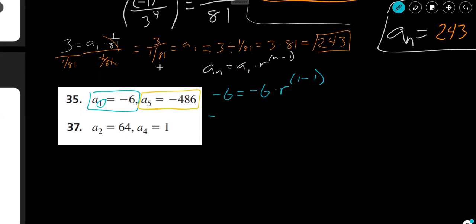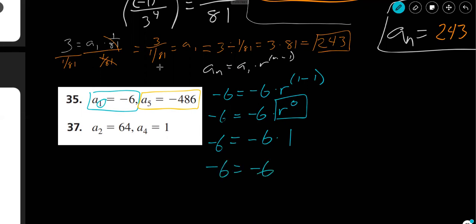If I work this through, it's going to be -6 equals -6 times r to the 0 power. Anything to the 0 power is 1, with the exception of 0, but we're not going to worry about that right now. If I continue to work this through, I just get -6 equals -6. So not very helpful, right?